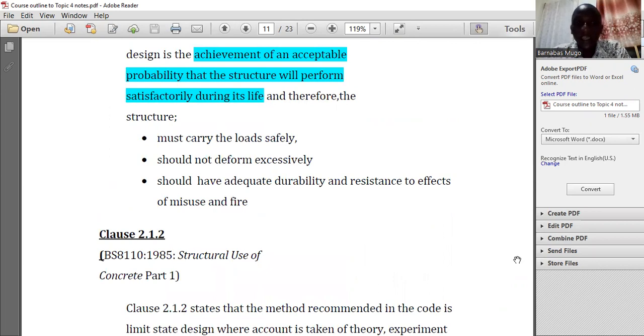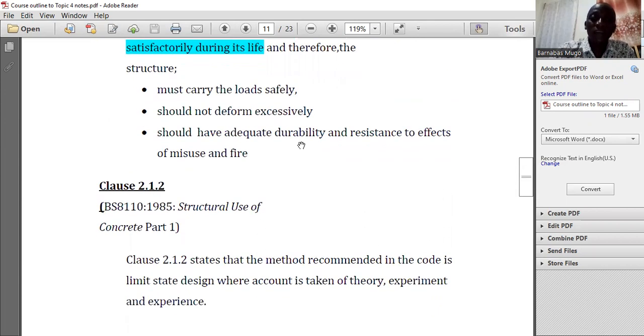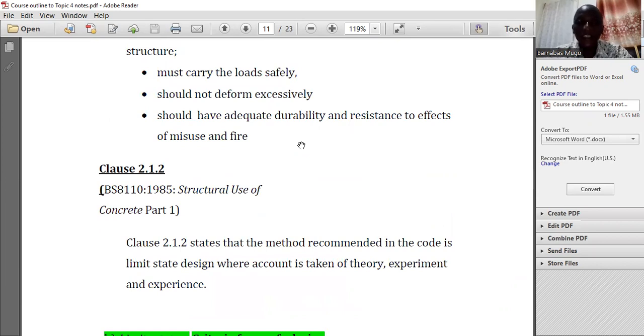And we said that for any design to be accepted, it must have achieved some probability of acceptance, and it should guarantee that the structure is going to perform satisfactorily during its lifespan. This is guaranteed by making sure that it is carrying the design load and that the excessive load is not making our structure fail.